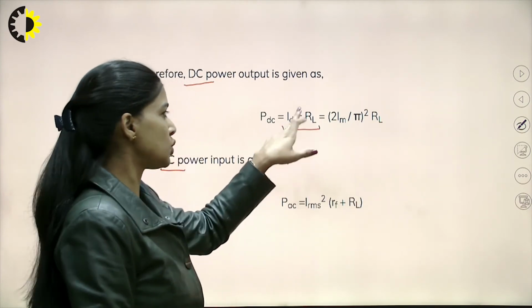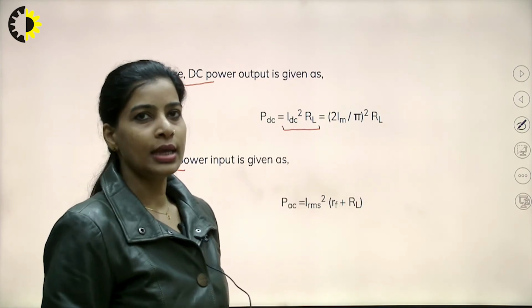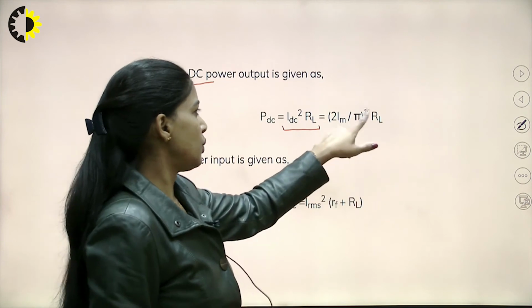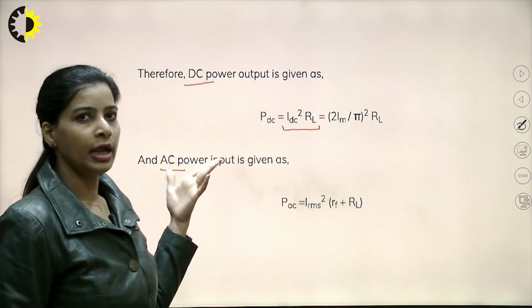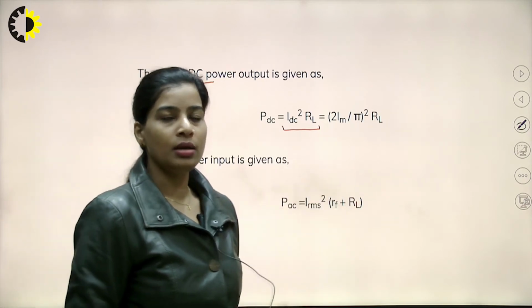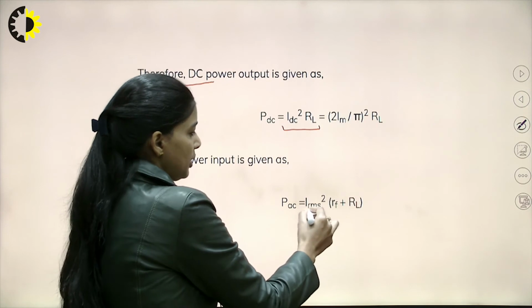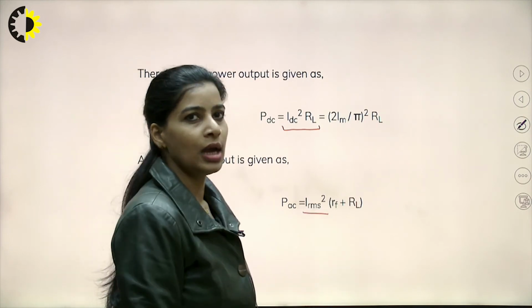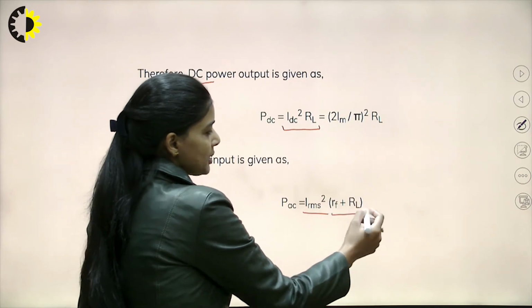So, IDC square into RL. IDC we have calculated as 2 Im upon pi, so squared and multiplied by RL. Similarly, AC power input we can calculate by using the AC component of the current, that is IRMS. So, IRMS square into RF plus RL.